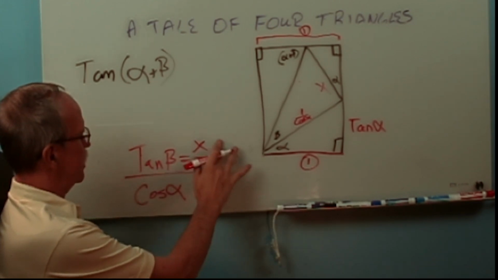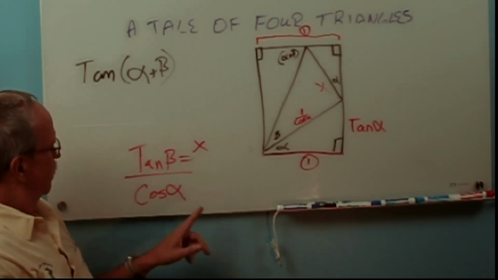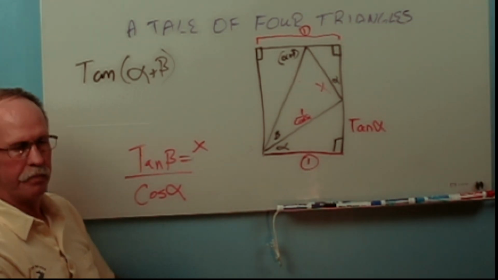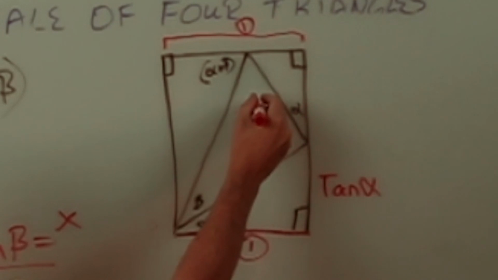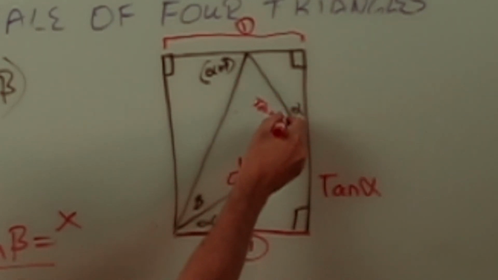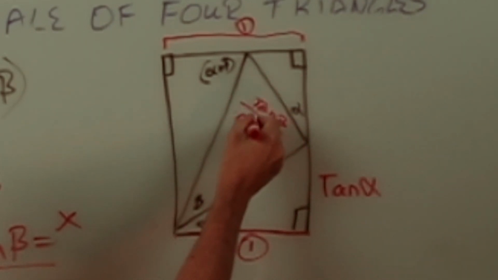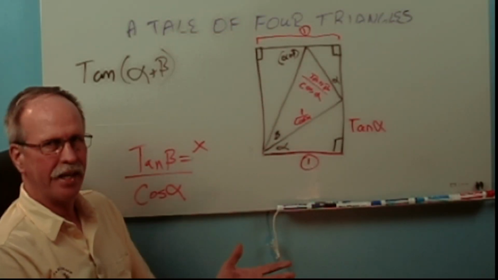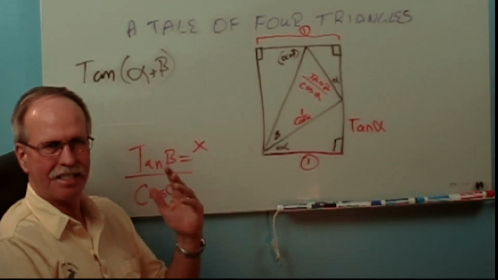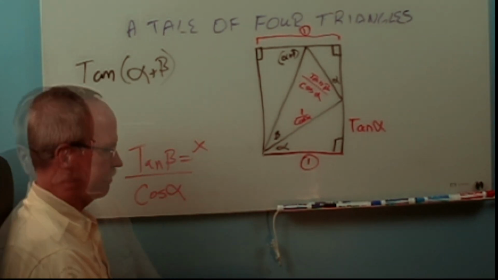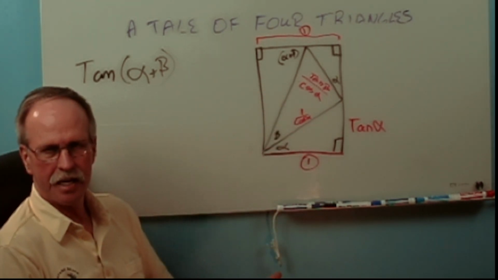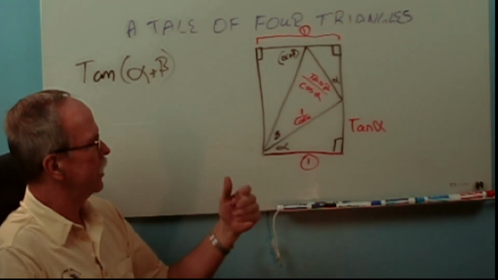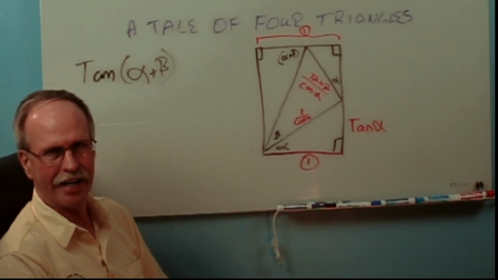X equals tangent beta over the cosine of alpha. Let's put that up here. And by the way, that's not tangent b, that's tangent beta. Sorry about that. Let's leave this leg alone for right now because it's not really needed for the proof. We could solve for it, but why?